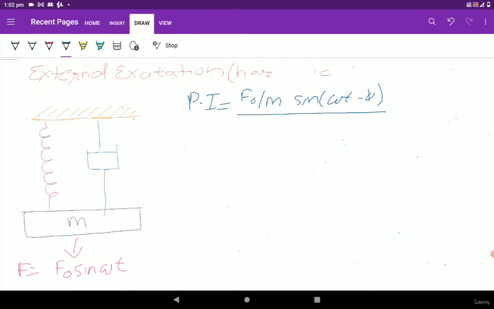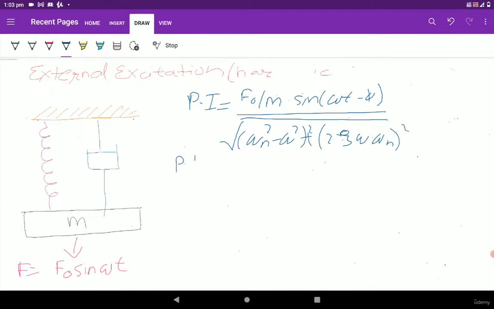divided by under root of omega n square minus omega square whole square plus 2 zeta omega dot omega n whole square.